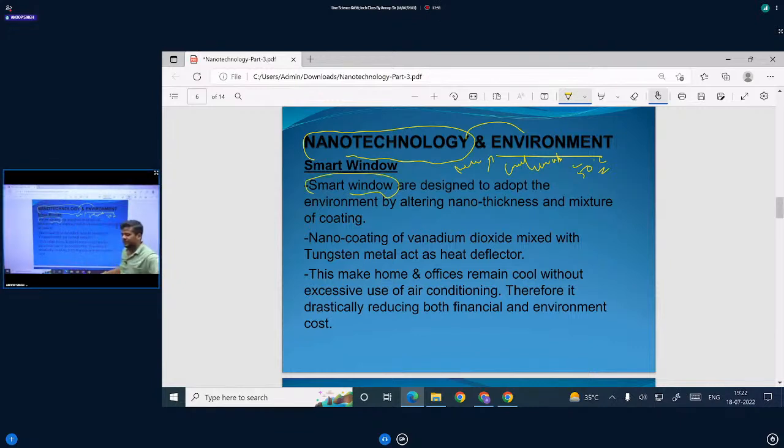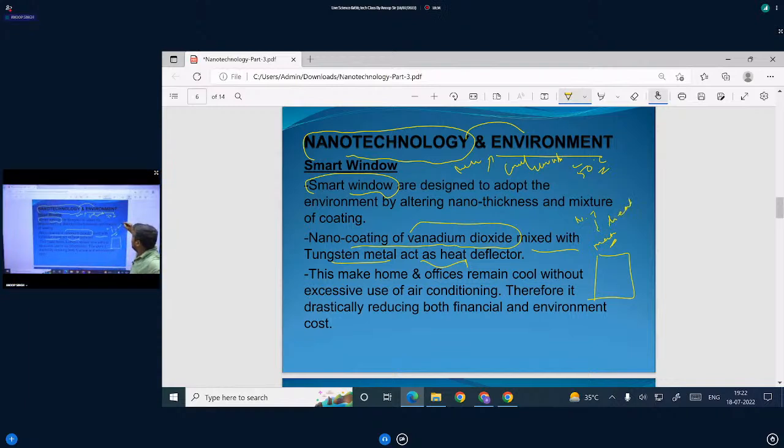These smart windows are covered with nanotechnology material, that is nano coated vanadium dioxide. It is mixed with tungsten metal, and this particular substance acts as a heat deflector.